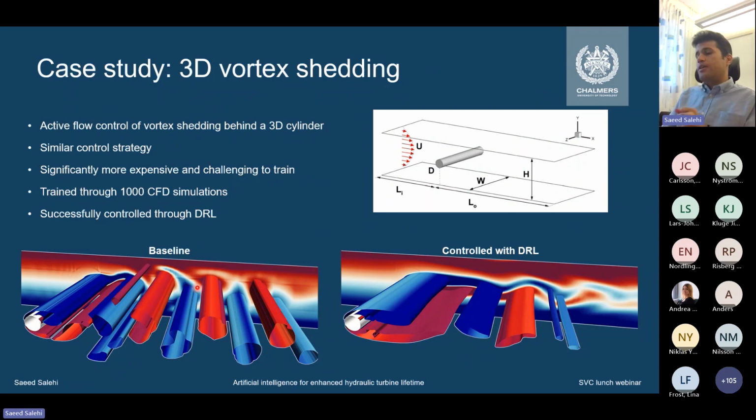And you can see that, not as perfect as the 2D case, but to a very large extent, we have been able to remove the vortex shedding behind this cylinder, and the drag coefficient. When I compare this drag to a case when we forcefully remove the vortex shedding through a symmetry boundary, then we can see the drag coefficient here is actually very close to what we have there.